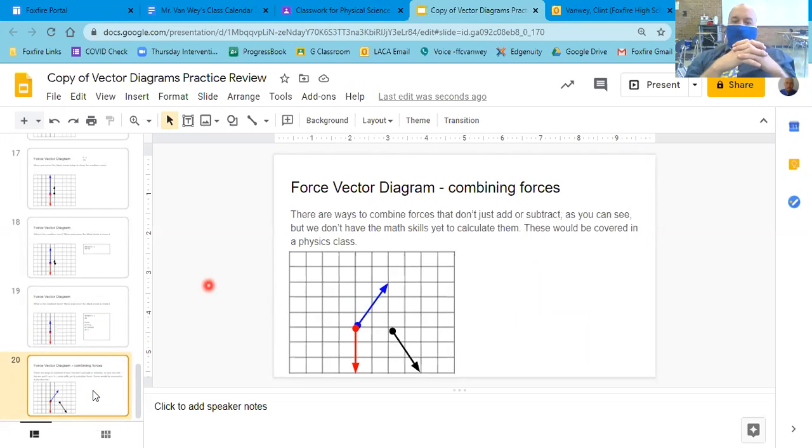The final slide talks about the math that we won't do. If I have a force of 3.5 newtons, because it's more than 3, it's 3 up and 2 over, and I add that to 3 down, then I'm going to end up with a vector that kind of goes like this.